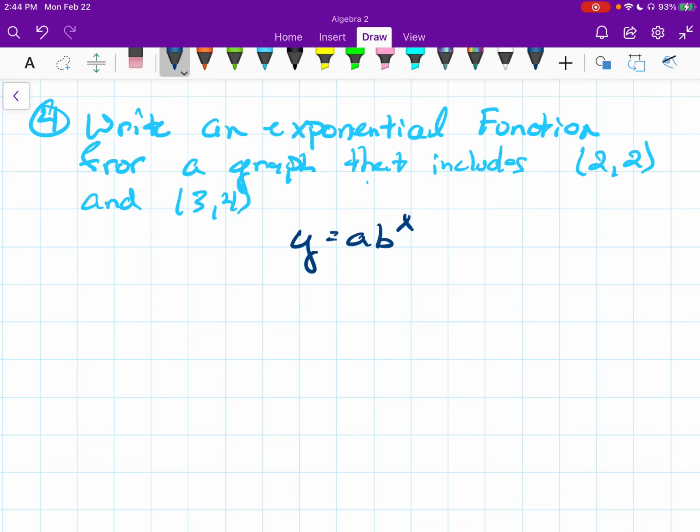Once we know a and b, we can plug in and get our standard form there. So let's start off by making 2 equations, plugging in everything that we know, which is going to be the x's and the y's. So starting off with the point 2, 2, that's going to be 2 equals ab squared. And then with 3, 4, that's going to be 4 equals ab cubed.